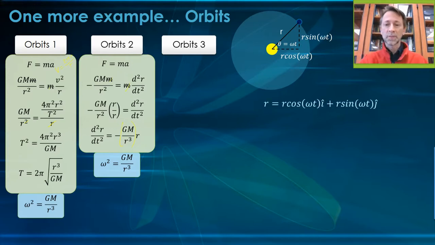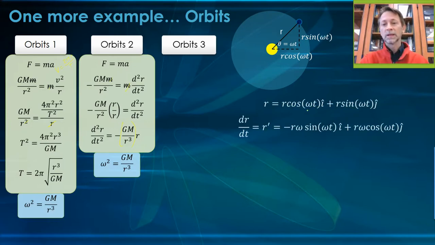So if I start by saying that my r is going to be the x plus the y value, r cosine theta, r sine theta, then the first derivative of that is going to be, remember you take the derivative of the inside value here, and you get negative r omega sine, and then you take the derivative of the inside value, so you have the omega, and then you end up with that value.